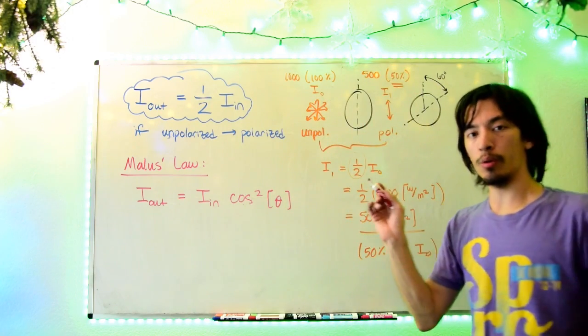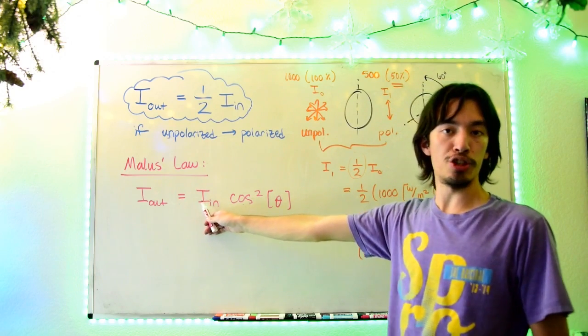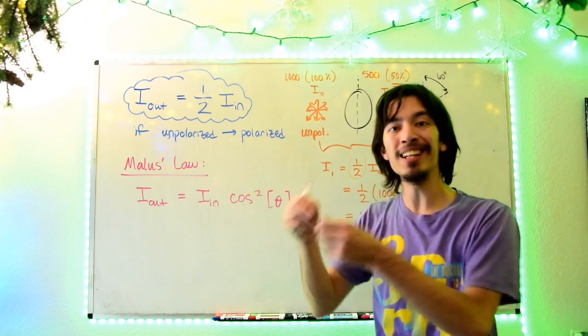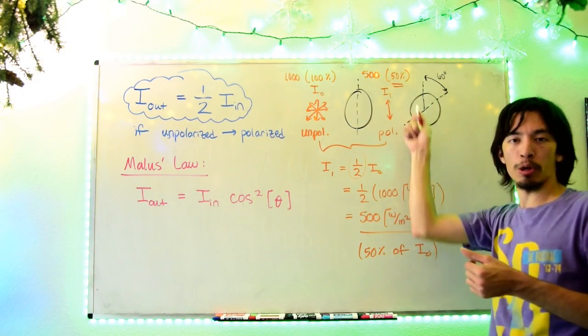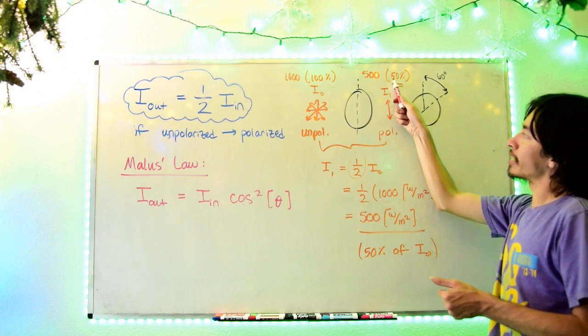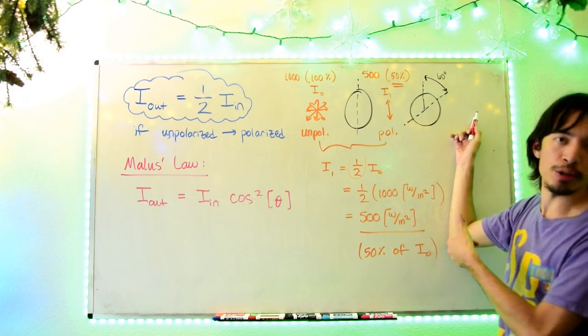So in this equation, the intensity in is just the intensity of light that immediately goes into that polarizer. So with this second polarizer, the intensity in is actually I1, and the intensity out, we'll call it I2.